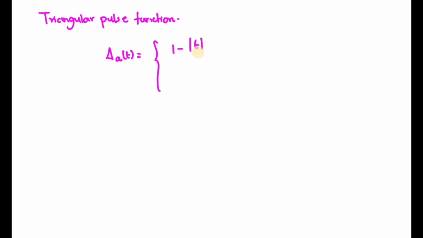So the next signal is the triangular pulse function. I can represent this signal as 1 minus magnitude of t divided by a, for magnitude of t less than or equal to a, and 0 for t greater than a.